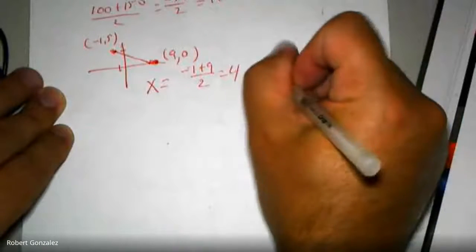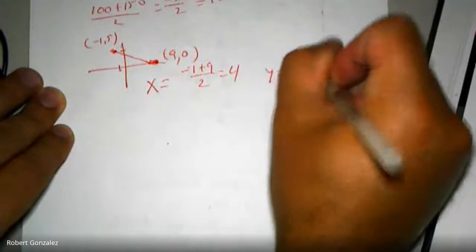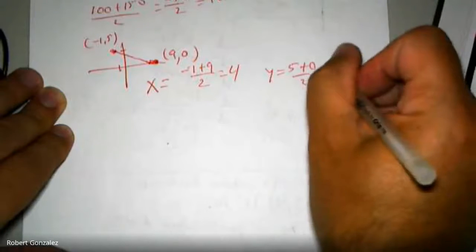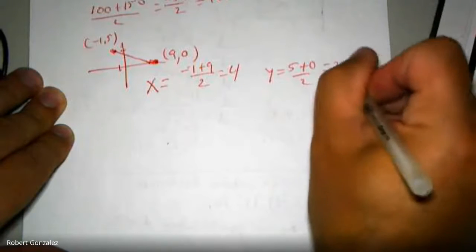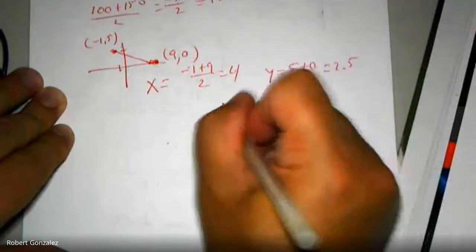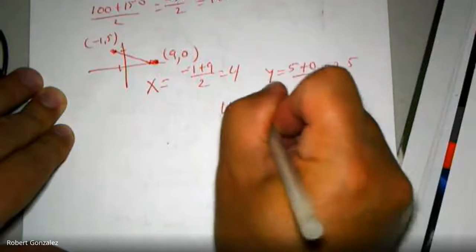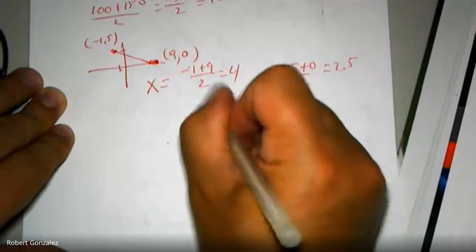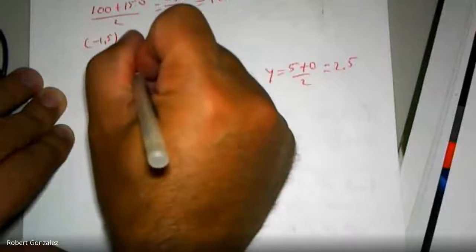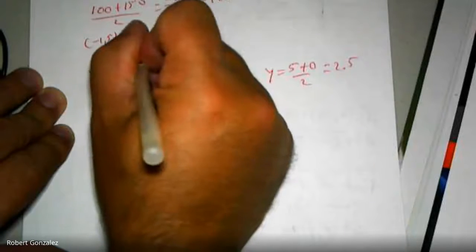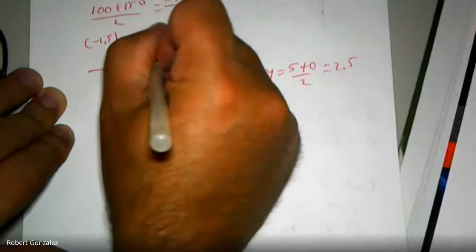My y coordinate will be 5 plus 0 over 2. That's 2.5. My midpoint will be (4, 2.5). We'll call it M. And it's about right there. You'll do much better if you have graph paper. Does that make sense? Do you understand?